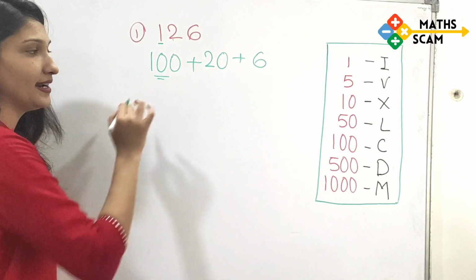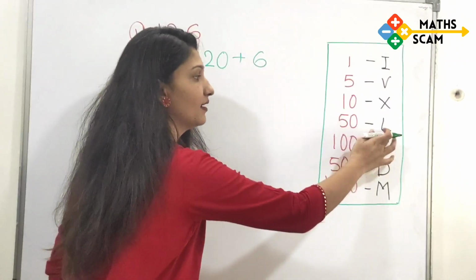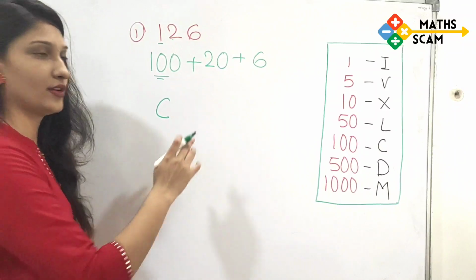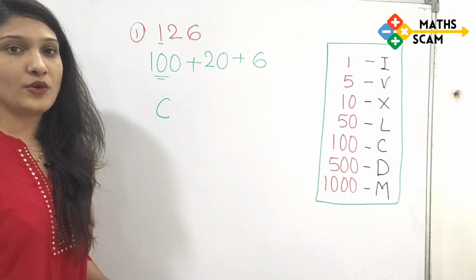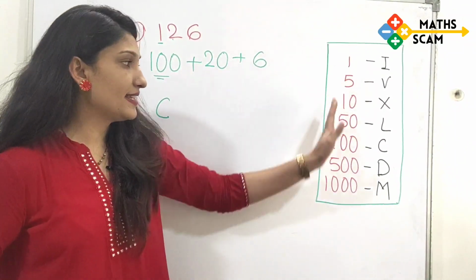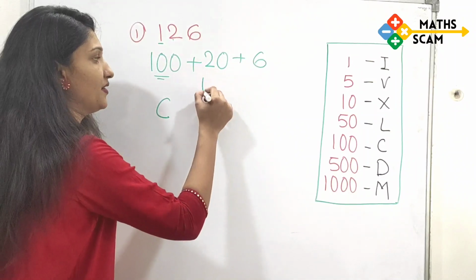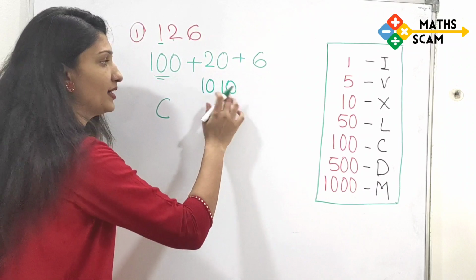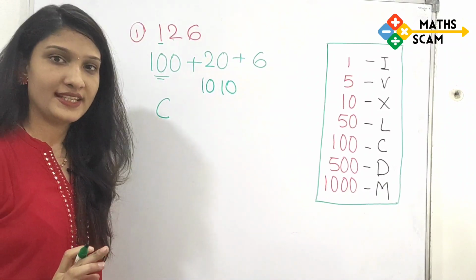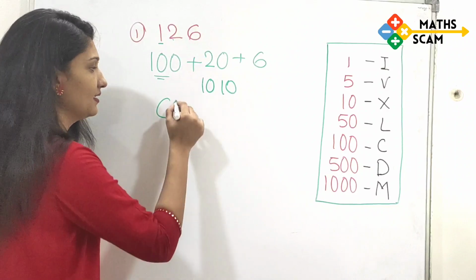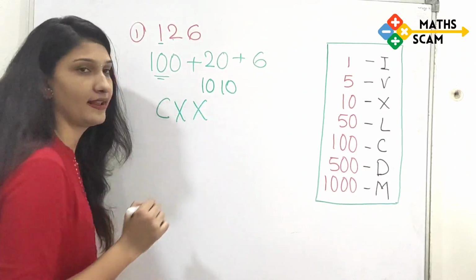Now 100 can be written as C. Write C. 20, there is no single symbol for 20. So how can we write 20 here? Can we write 20 as 2 times 10? Yes, we can. So 2 times 10 is 2 times X.